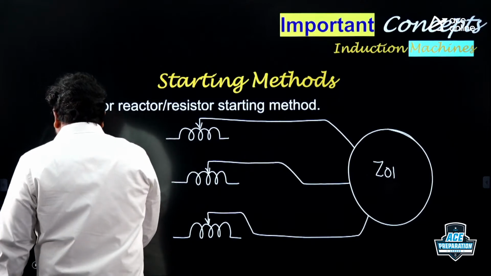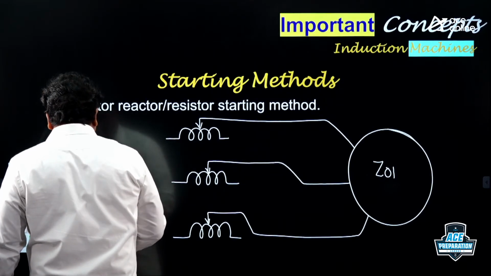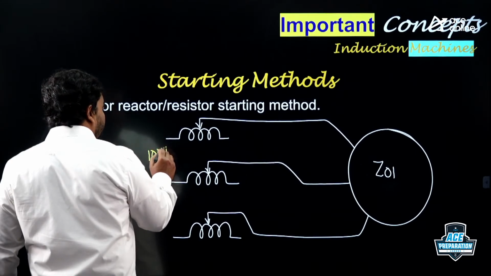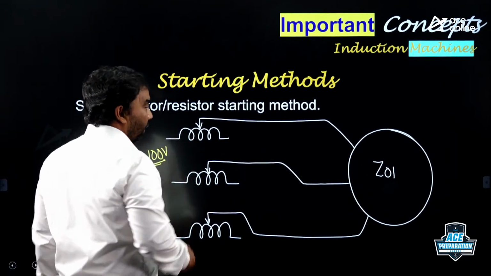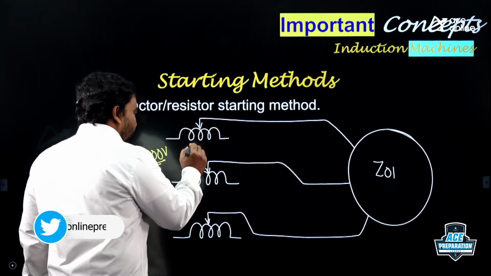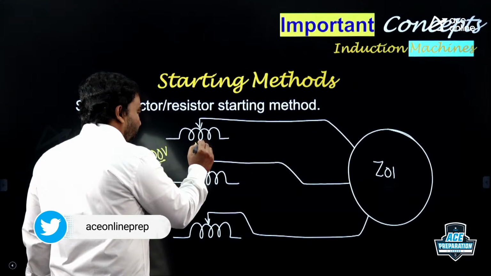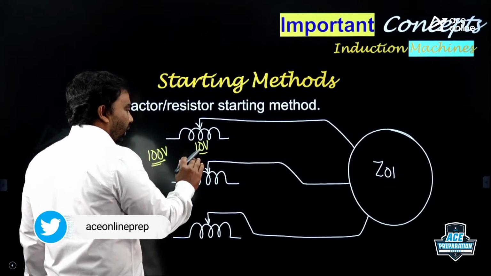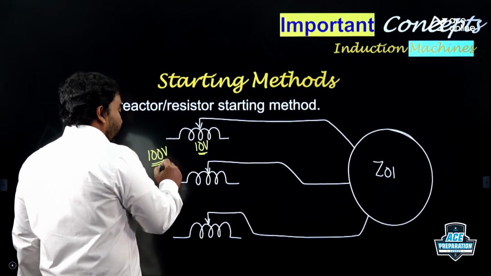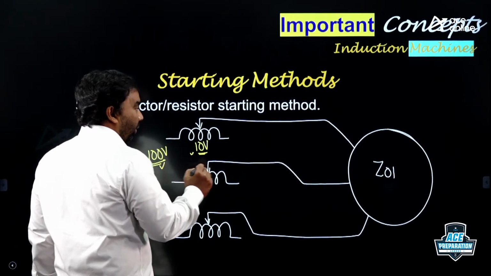So let me explain the importance of this. Say I am applying a voltage of 100 volts per phase here, and in the series reactors, say I am dropping some 10 volts. I am just taking some arithmetic value. So out of these 100 volts, 10 volts I am dropping here.